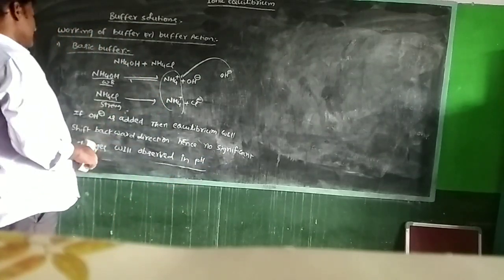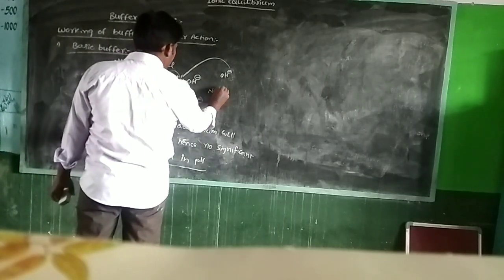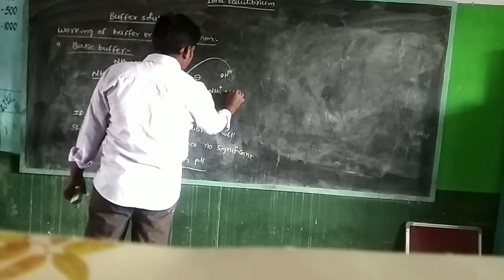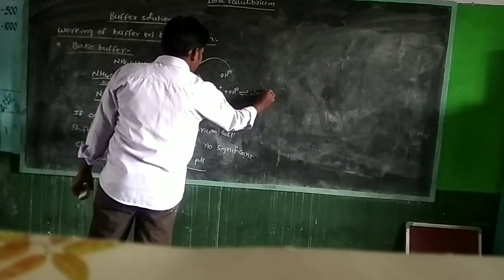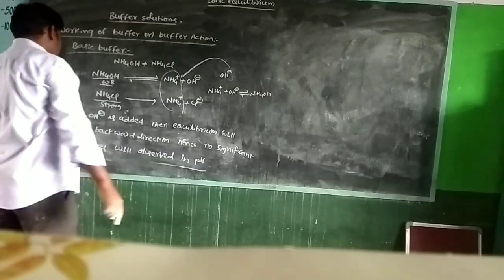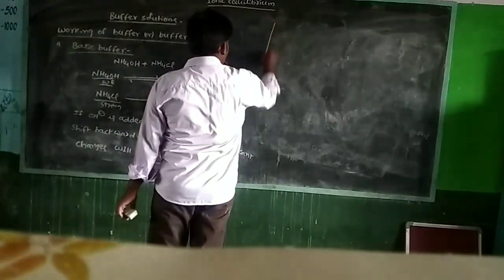If OH minus is added, NH4 plus and OH minus combine to get NH4OH. In this reaction, the equilibrium will shift to the backward direction. Hence, no significant changes will be observed in pH.